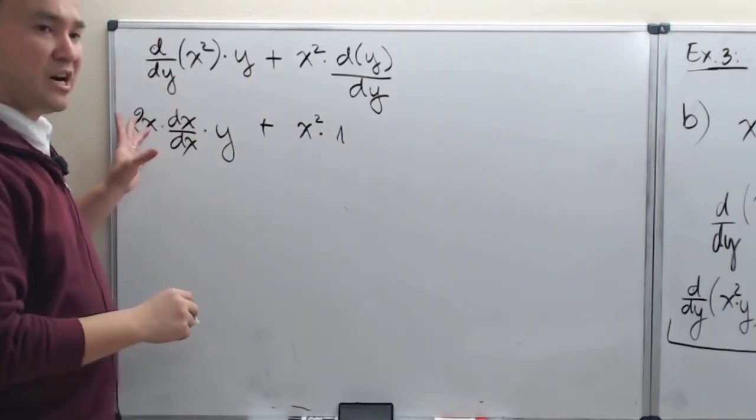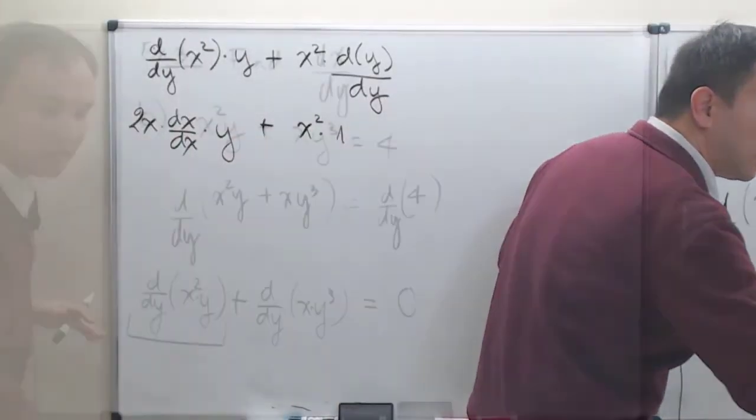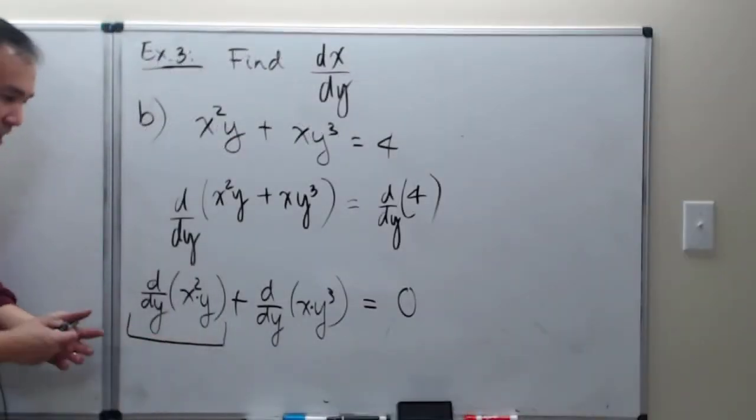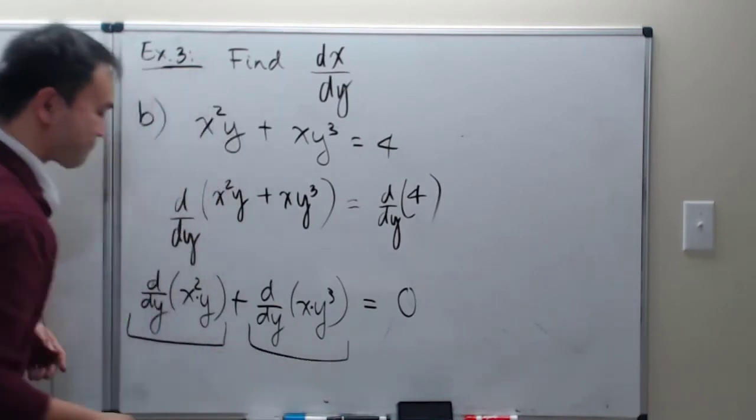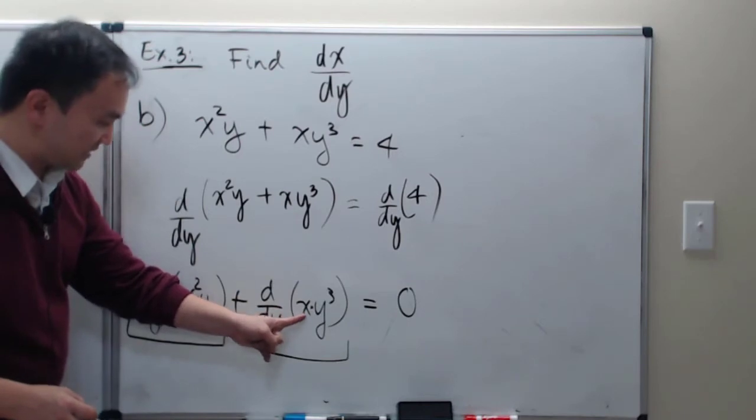But now I'm not done really. All of that takes care of my derivative of the first term. Now I'm going to underline the next term here. It has a product again of the two factors x and y cubed.